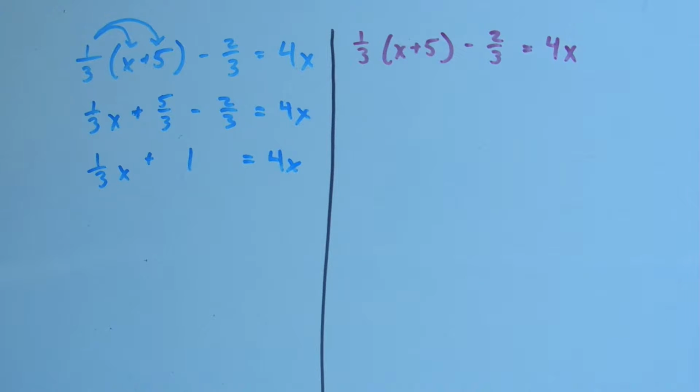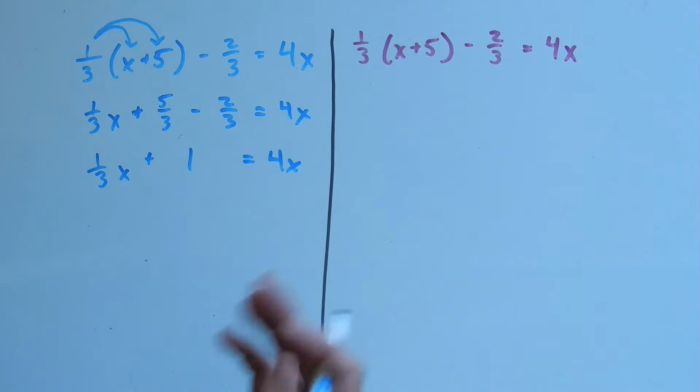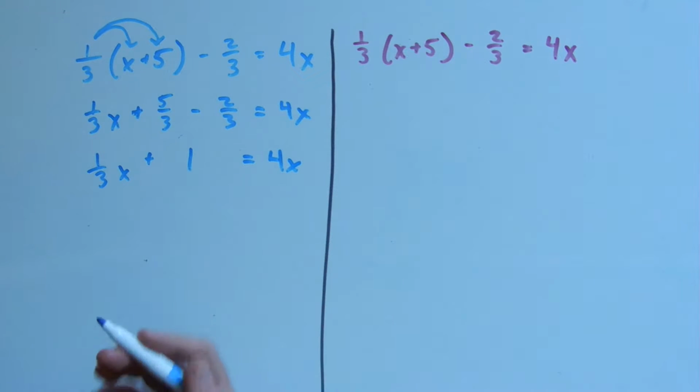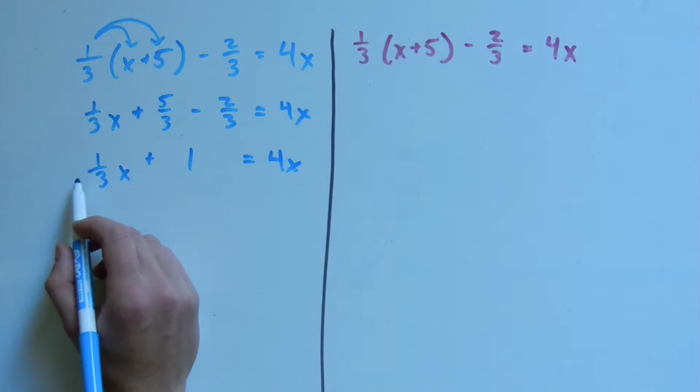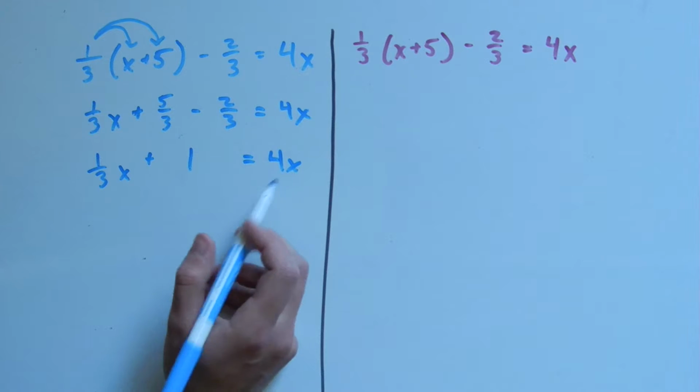Now remember, the goal of this is to isolate the x to one side of an equation so you can find out what that value of x is. So let's go ahead and subtract the term 1/3 x from both sides.